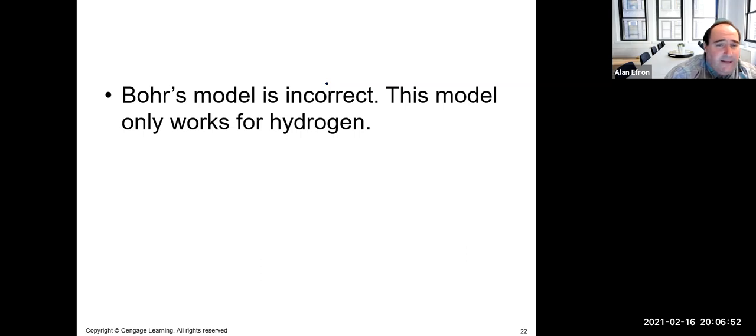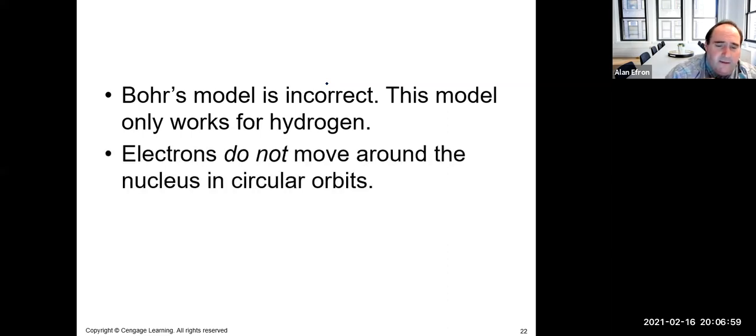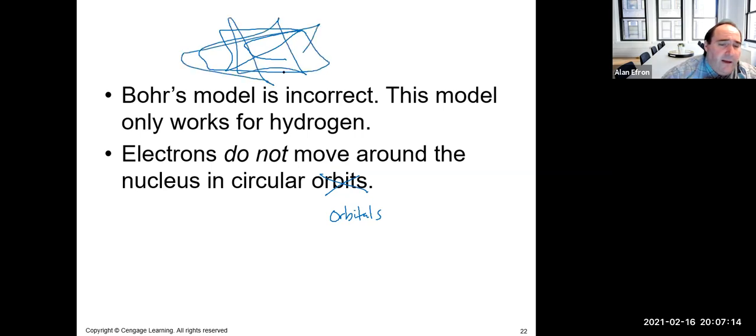And as we'll talk about a little later in this chapter, those electrons really don't move around the nucleus in a circular fashion. And that's why later we don't talk about orbits. We talk about the idea of electrons being in orbitals and the idea that electrons are really just moving around randomly about the nucleus.